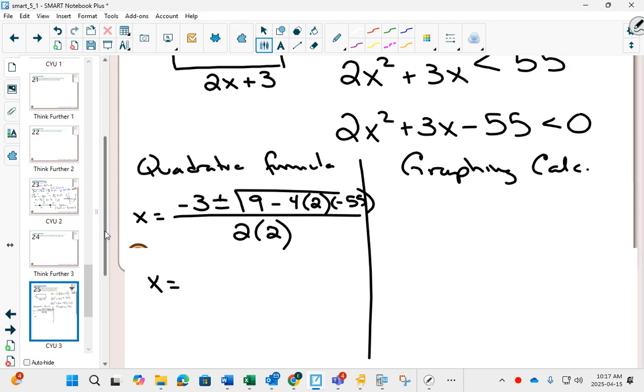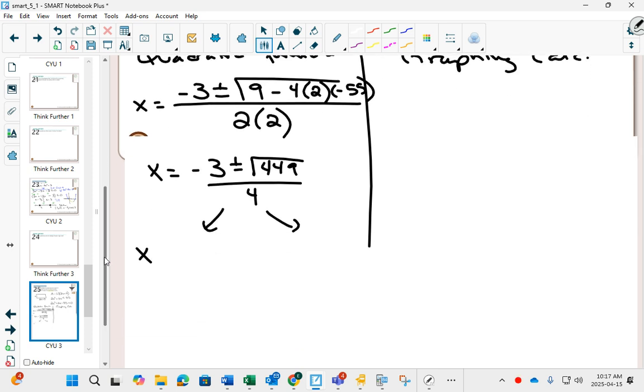And we get negative 3 plus or minus the square root of 449, all over 4, which gives us two answers for x. We have one answer where we add, and we have one answer where we subtract.